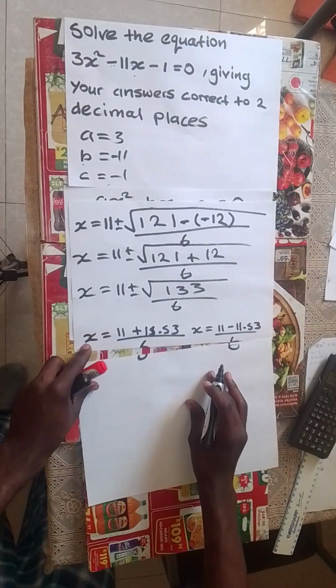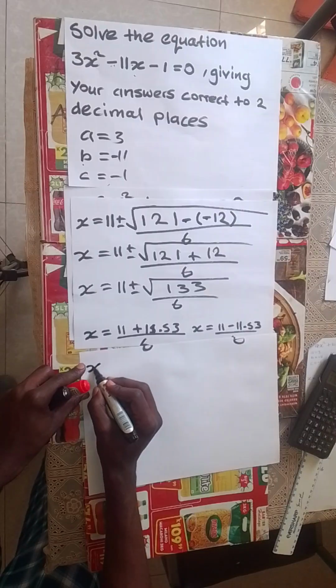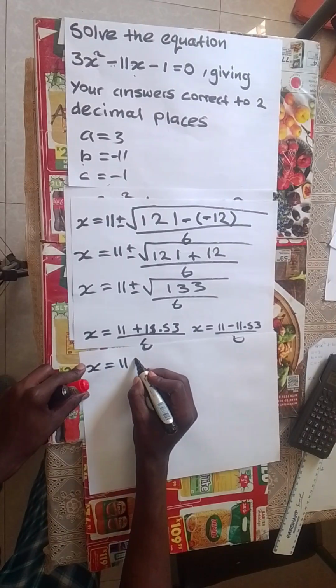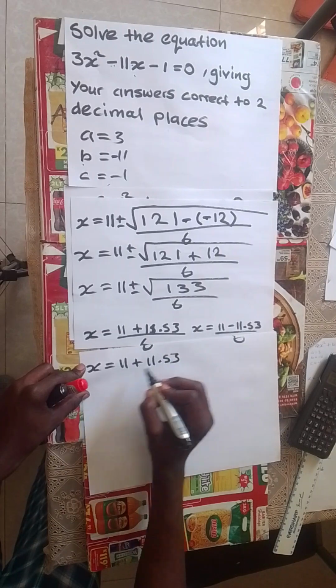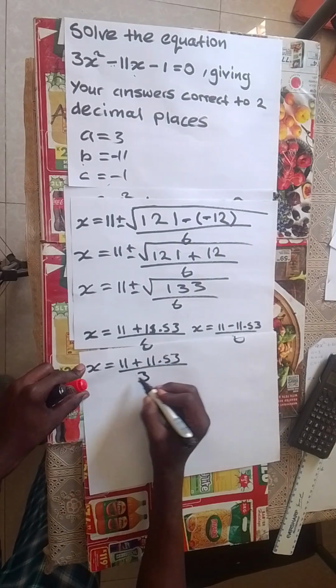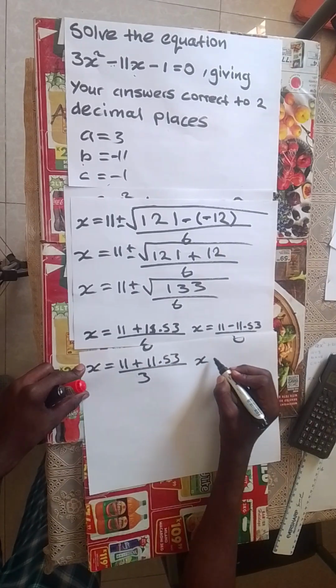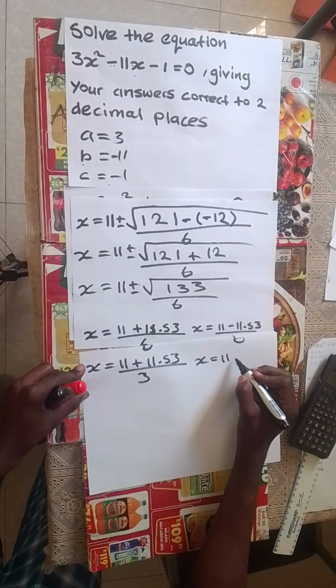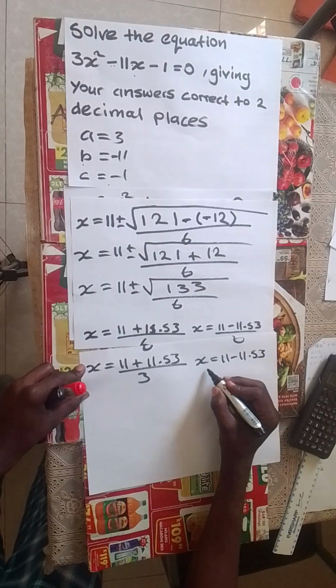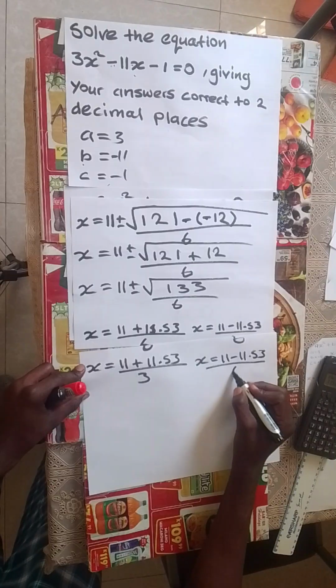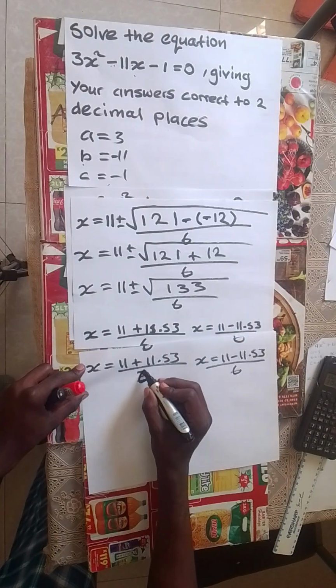So let me write it down properly here. Let me rewrite it again. x equals 11 plus 11.53 divided by 6. x is equal to 11 minus 11.53 divided by 6.